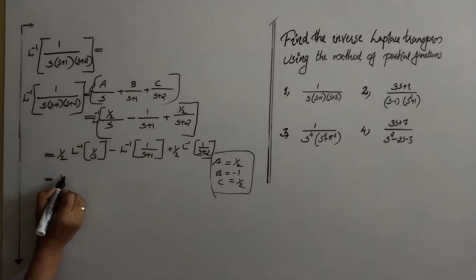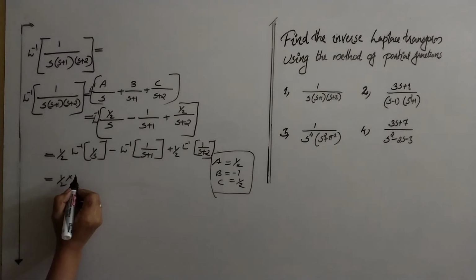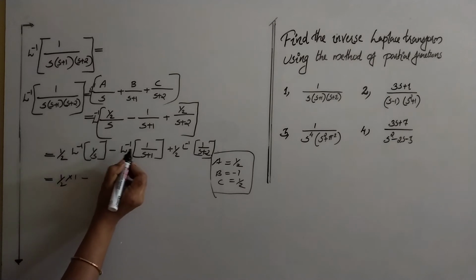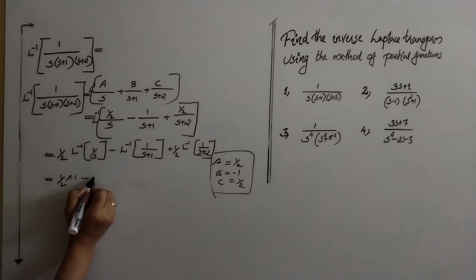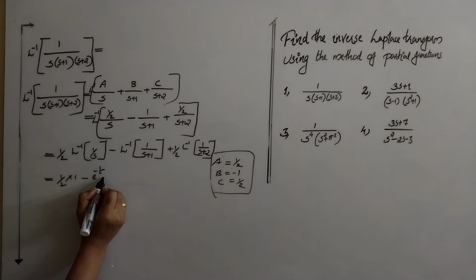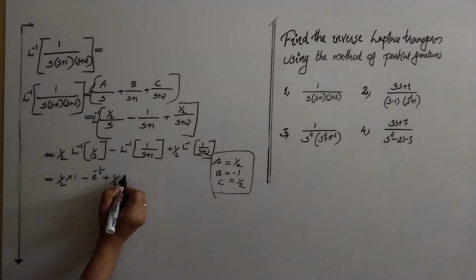So this becomes 1 by 2 into L inverse of 1 by s, which is 1, minus L inverse of 1 by s plus 1 is e raised to minus t, plus 1 by 2 into L inverse of 1 by s plus 2 is e raised to minus 2t.